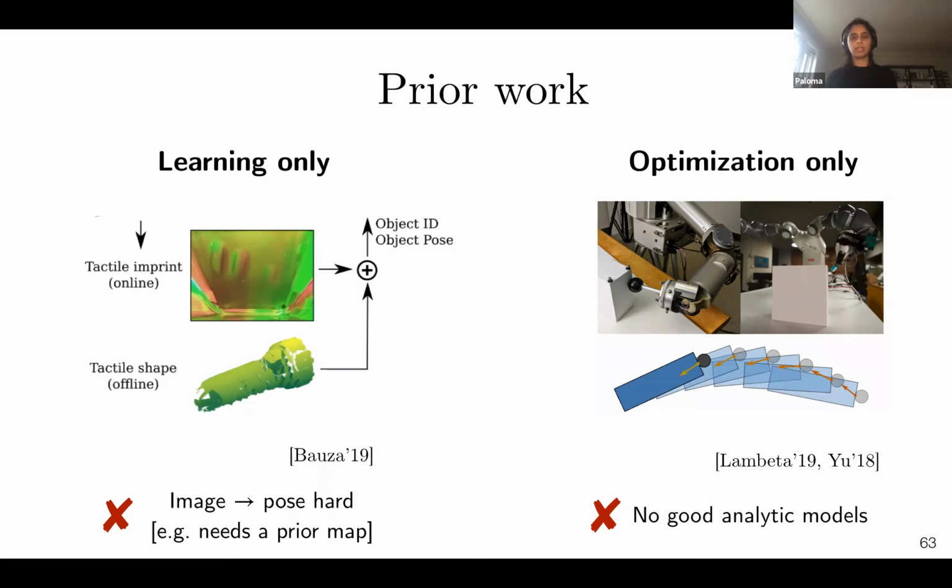And one would typically need to use additional information such as a prior map as used in prior work. On the other hand, on the right, in optimization methods, engineering functions for high dimensional measurements for such sensors can be brittle and difficult to scale across objects and sensors.